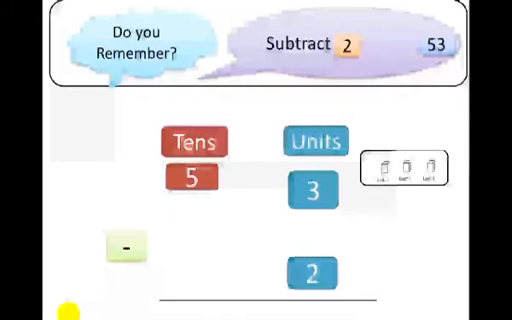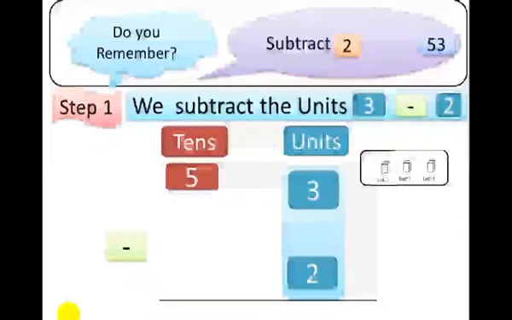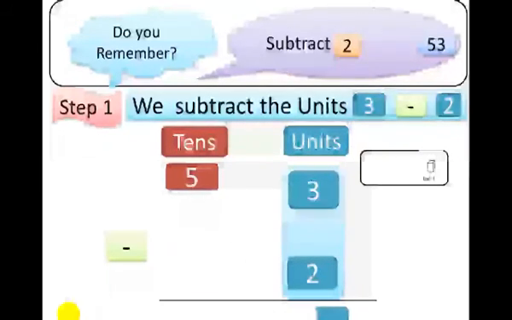That means the first thing we do is to subtract the unit, which is 3 units minus 2 units. 3 units minus 2 units equals 1 unit.